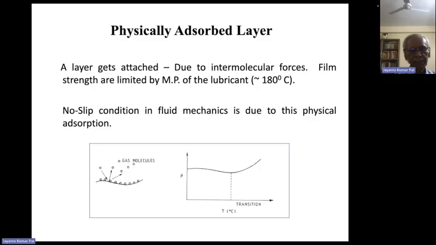And if that temperature is in the order of 180 degrees centigrade, the boundary layer will not be effective.